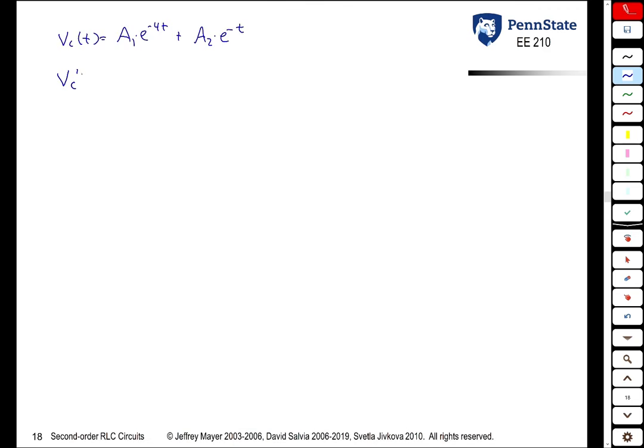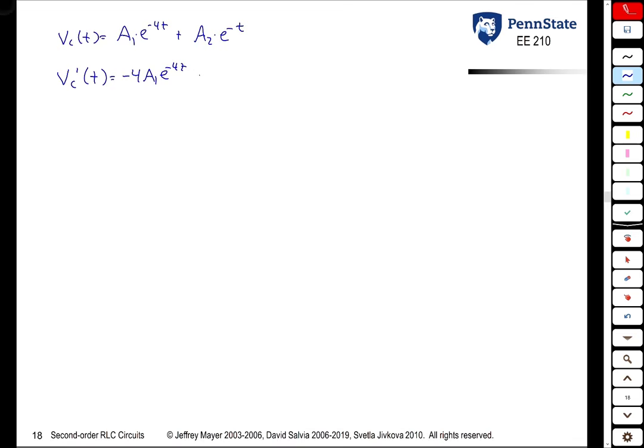VC prime of t is the derivative of that. It's going to be minus 4 A1 e to the minus 4t minus A2 e to the minus t. To solve for A1 and A2, we need two initial conditions.